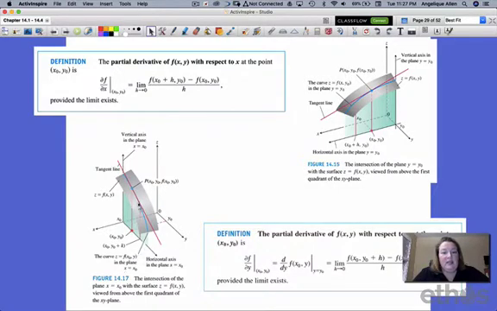And then we get the rate of change of this function in that specific direction along or parallel to the y-axis. So let's put these pictures together.